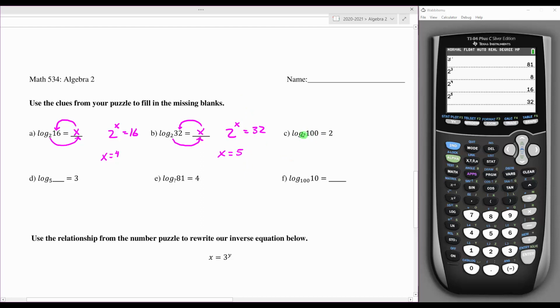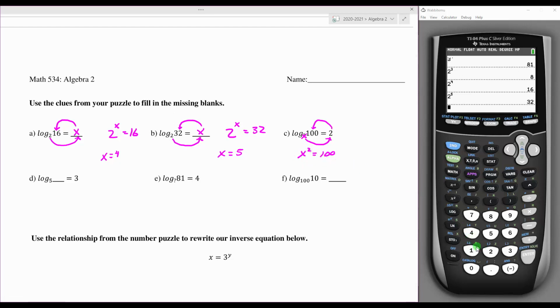Notice here the missing piece is the base, so we can think of that as our x value. I'm going to use my circle of life to rewrite: x to the second power must equal 100. So x squared equals 100. We can figure out what that is.